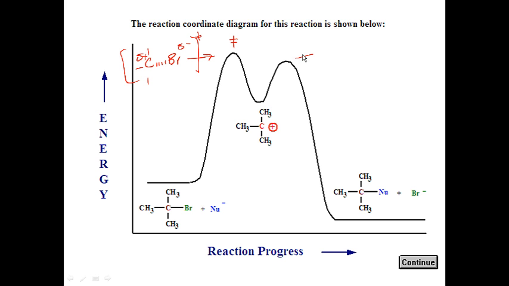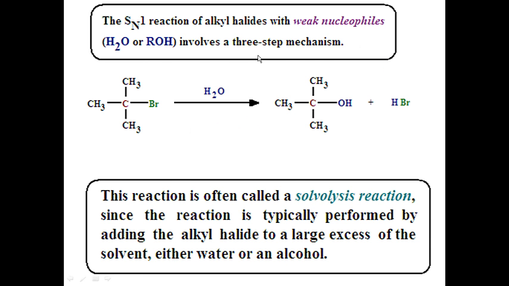Over here, your transition state would be the partial carbon-nucleophile bond forming, with the carbon again being slightly positive, the nucleophile being slightly negative. So the reaction coordinate diagram looks different for an SN1 reaction because now it has this intermediate. Okay.